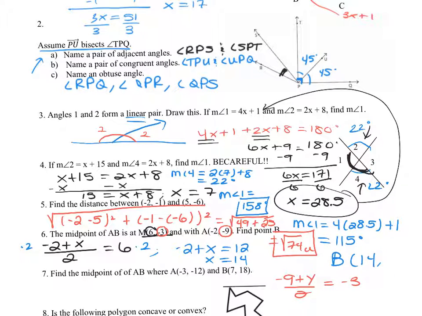Okay, so of course you solve it in the same manner. You multiply both sides by 2, and you get negative 9 plus y equals negative 6. And when you add 9 to both sides, you get y is 3. And that's your coordinate for that endpoint.